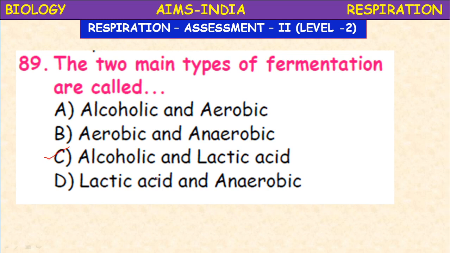The lactic acid fermentation takes place by lactic acid bacteria in the conversion of milk into curd, or in the muscles also lactic acid is produced by anaerobic respiration. The alcoholic fermentation takes place in the presence of yeast, which converts glucose into ethanol or ethyl alcohol. So fermentation is of two types: alcoholic fermentation and lactic acid fermentation.